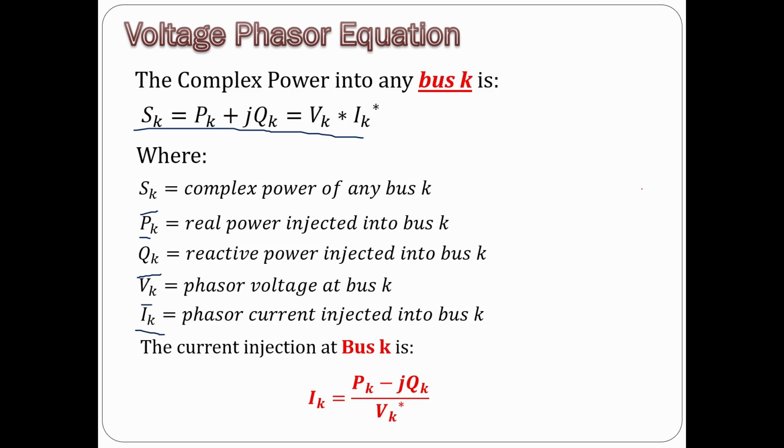So the current injection at bus k is Ik equal to Pk minus jQk over the conjugate of Vk.